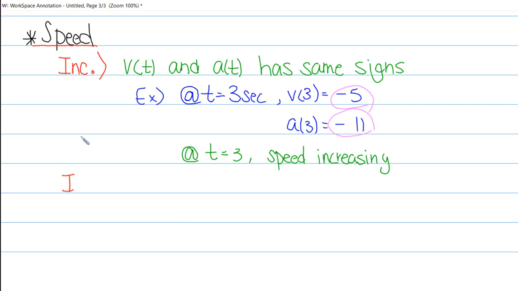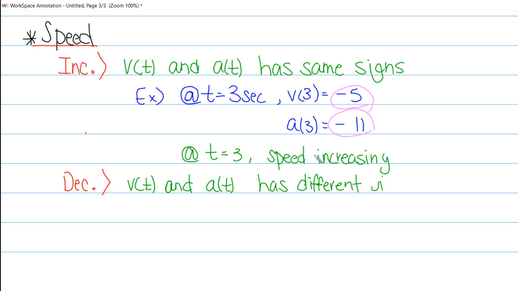Likewise, speed is decreasing when velocity and acceleration have different signs. So for example, in this case, if I gave you, at time equals 3, my v sub 3 was once again -5.